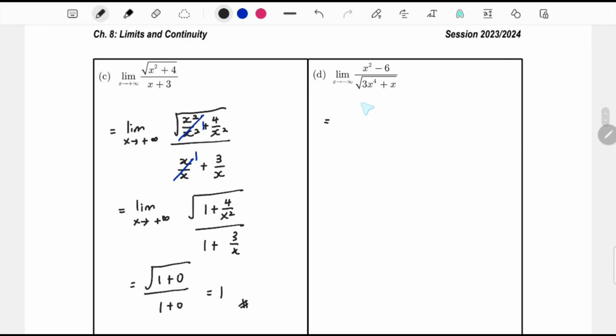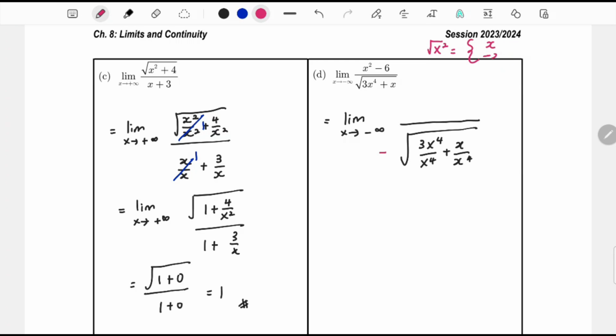And then for the last example, again x approaches negative infinity. The highest power of the denominator is x to the power 4. And since it's negative infinity, we're going to put a negative. But let's take a look. The square root of x squared will produce a positive x and a negative x.